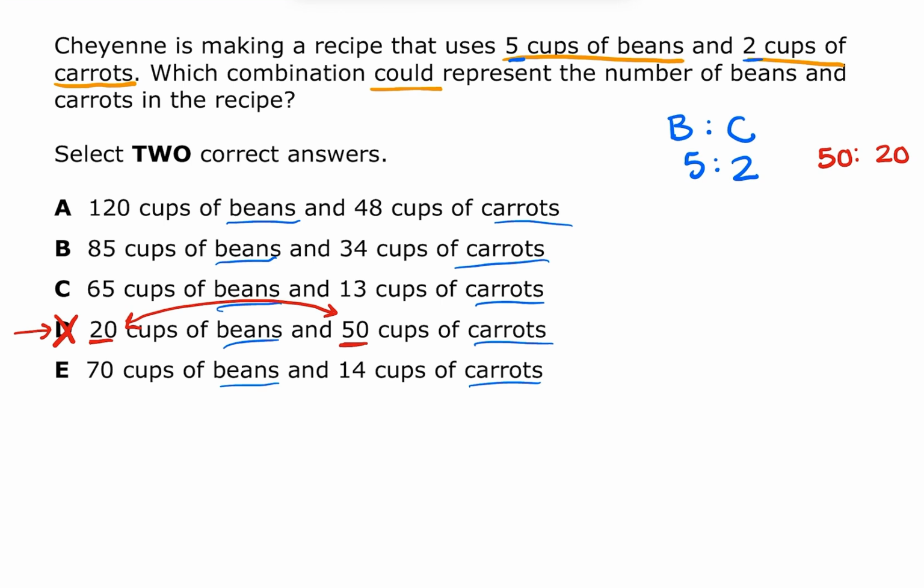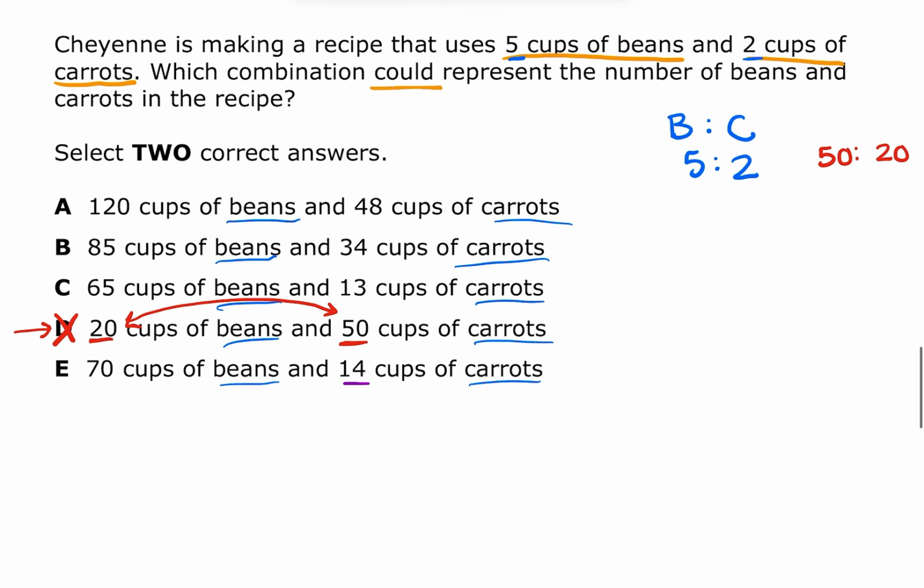Okay. All right. Now I can skip count and notice on E, the 14 is a pretty small number. So I'm going to try and get there first. Okay. So on this side, the 14 is carrots. So 2, 4, 6, 8, 10, 12, 14.